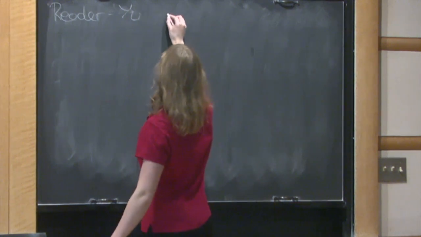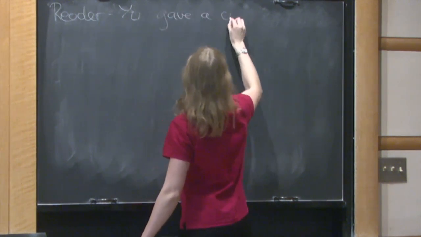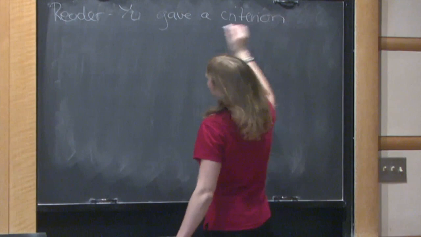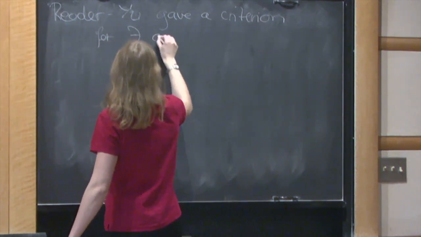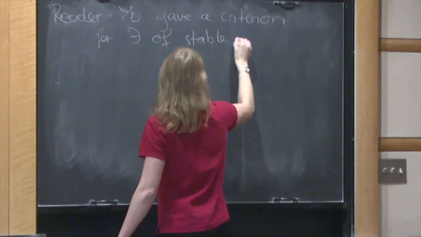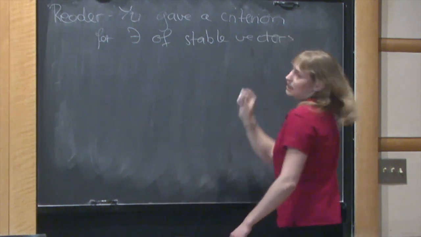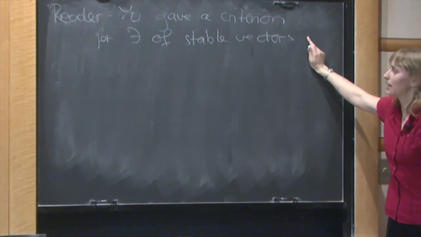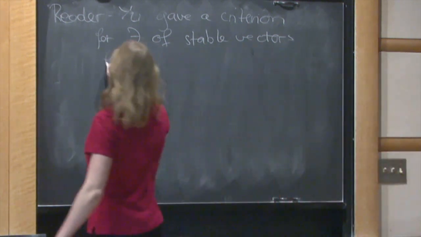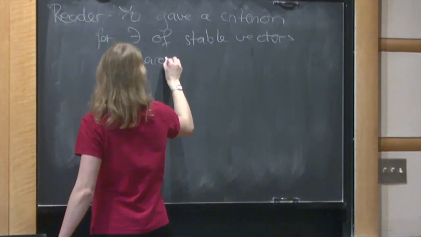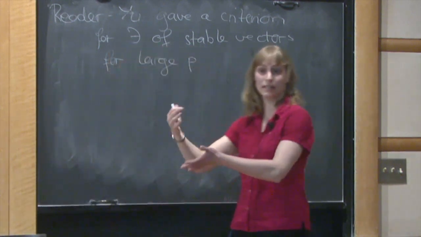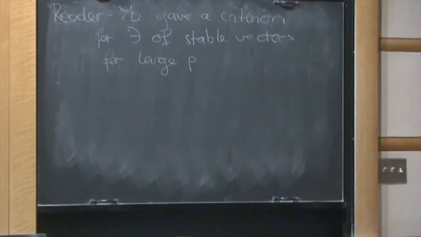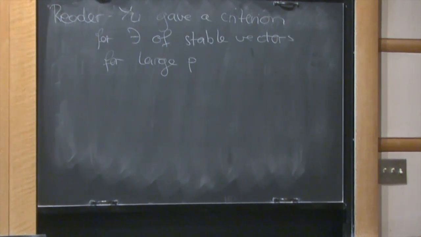So Reeder and Yu gave a criterion for the existence of stable vectors over F_q bar, in a geometric invariant theory setting, which worked for large primes p, if p doesn't divide the order of m, where m is related to the point x. So for example, for SL_n, they didn't allow primes to divide n.